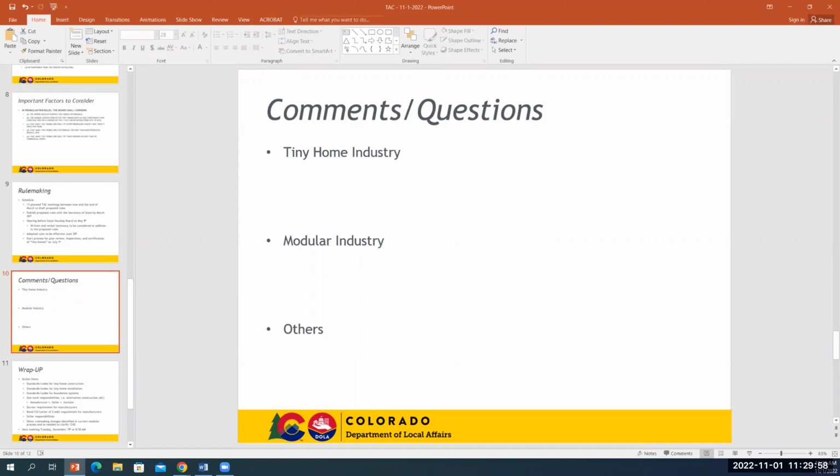I feel you need more experienced tiny home builders that are local builders to be on the TAC, to be able to adequately address all these issues, because we're the people that have been in the field for years. We're the ones that know all the issues of building. We know the issues of the consumer's needs and concerns. And I'm hoping this all plays out well. I just wish there were more tiny home builders on the TAC. And I'll be quiet after that. Thank you very much for letting me speak again.